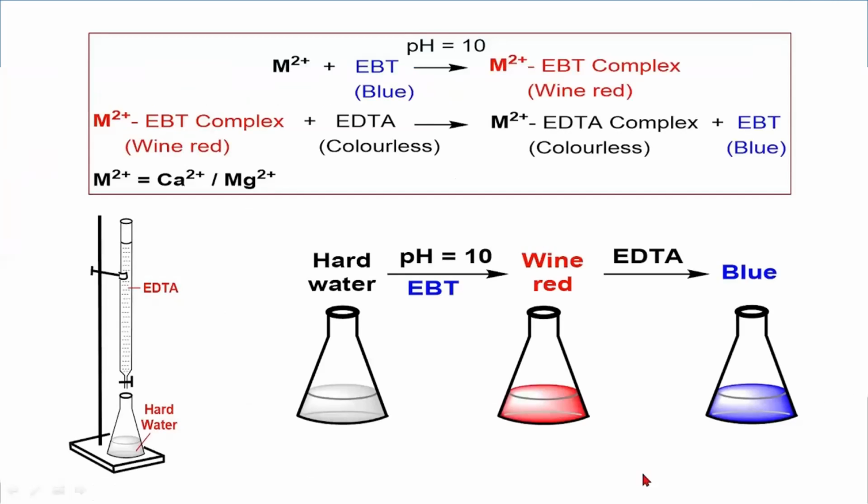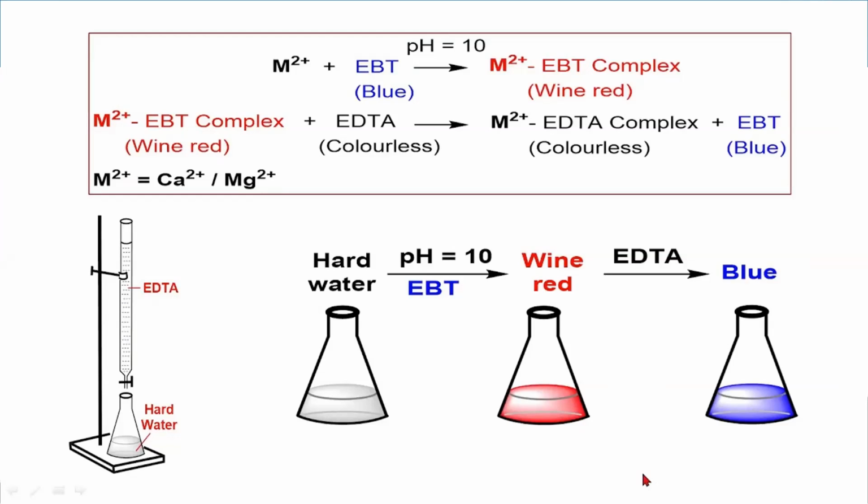If you add more acid or base, a buffer doesn't change the pH. It maintains the pH range. So it means it maintains the pH level.